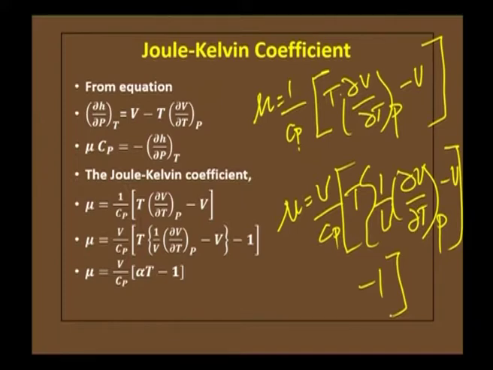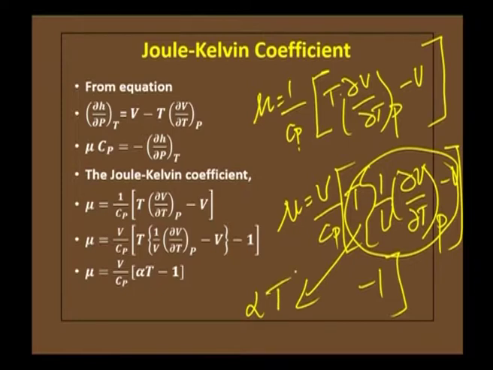So, I can write this expression in compact form, as this value turns out to be alpha t. Therefore, substituting this value of alpha t in this equation, I get mu is equal to v by Cp into alpha t minus 1.